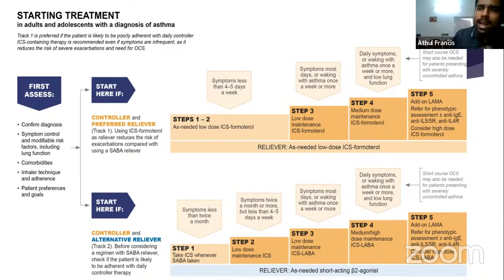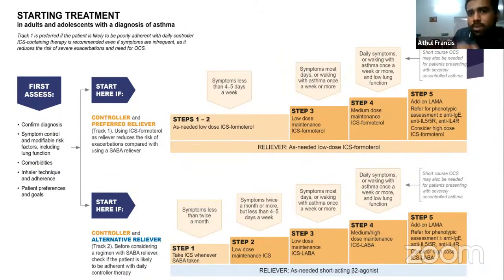So basically in track 1, what you have to remember is your reliever as well as the maintenance is the same. It's a long-acting beta agonist plus inhaled corticosteroid, preferably a formoterol containing ICS regimen. In step 1 and step 2, you use it as SOS. From step 3, you have to increase the dose of your inhaled steroid, low dose, medium dose, high dose.